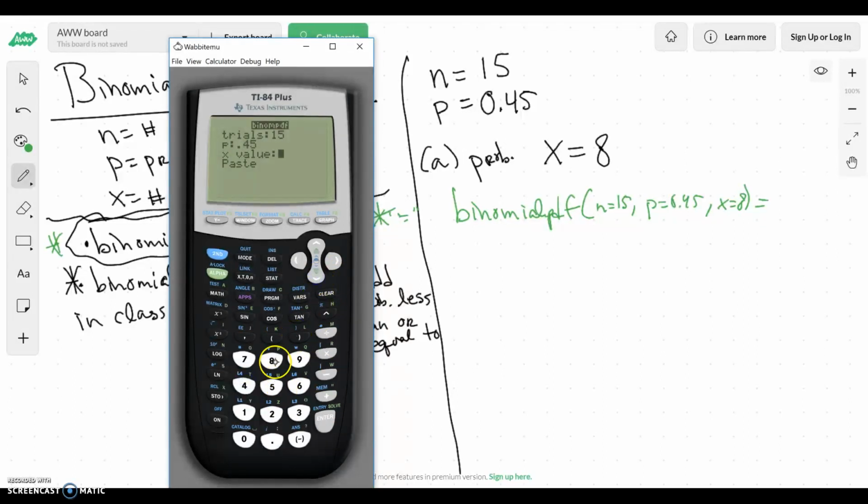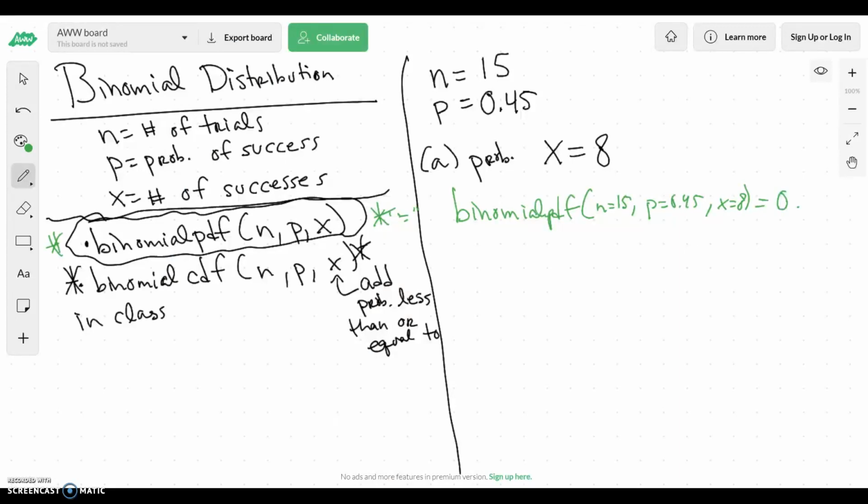And my X value is going to be 8. Okay, enter. For those that have an older calculator, what you'll get is binomial PDF with a parenthesis, and you can enter the numbers with commas afterwards. Mine just does it for me. My answer here is going to be 0.16.